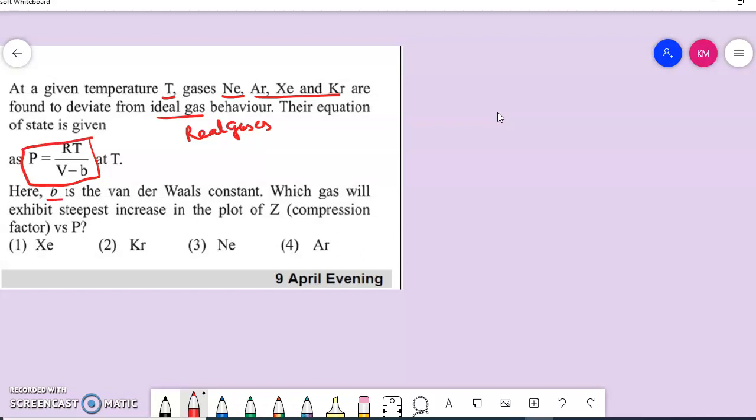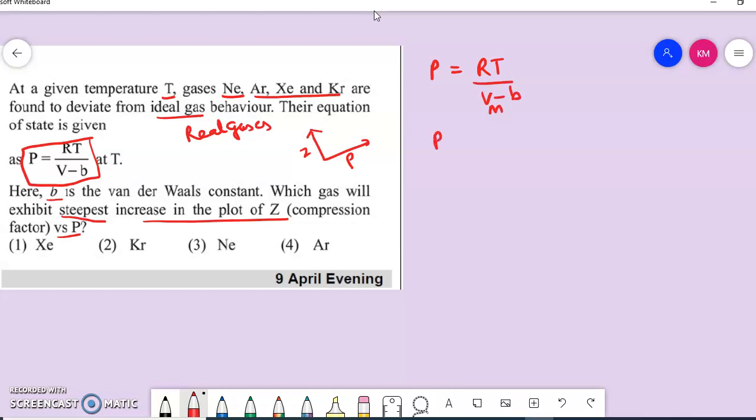Which gas will exhibit the steepest increase in the plot of Z versus P? That means if you draw the graph between Z versus P, which exhibits the steepest increase, that you have to give it, guys.